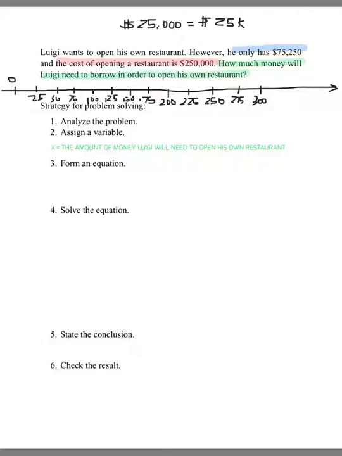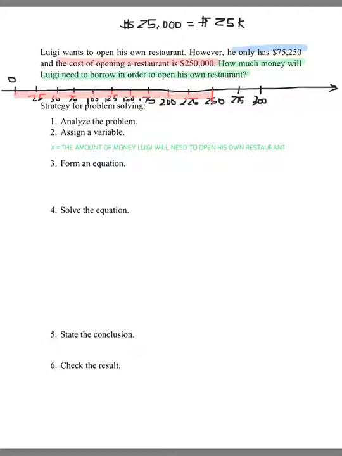And now let's actually see what we have. So what do we know? We know that the cost of opening a restaurant is $250,000. So we're going to go ahead and draw that on the scale. We'll start off at 0, and it's going to go all the way up to 250,000, which on the number line is 250K.